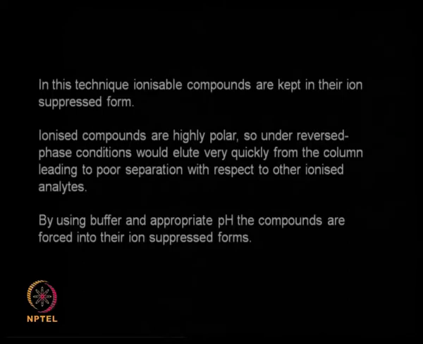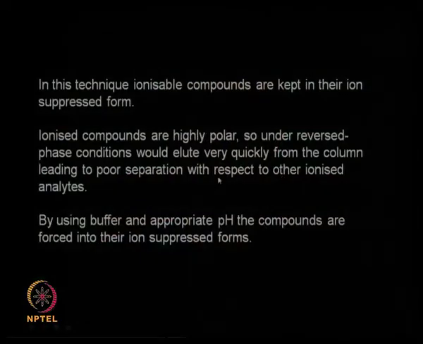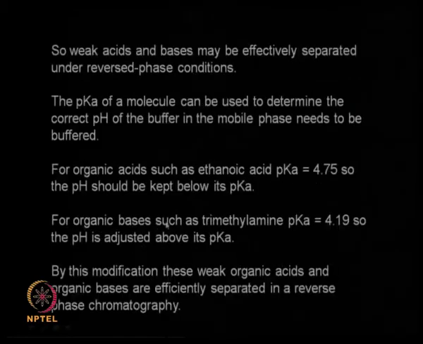You suppress the ionization by adding a buffer, then there will be some interaction between the non-ionized polar compounds on the surface, which is reverse phase. So some separations will happen in the various polar analytes. So we are using a buffer and appropriate pH so that the ionization is suppressed.